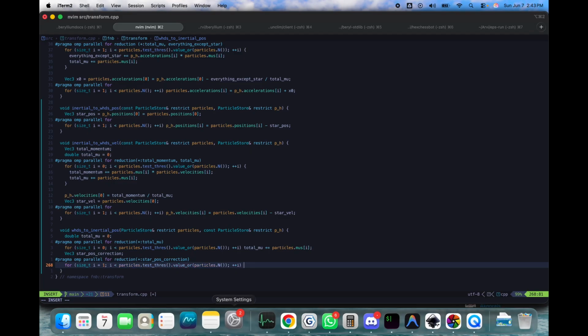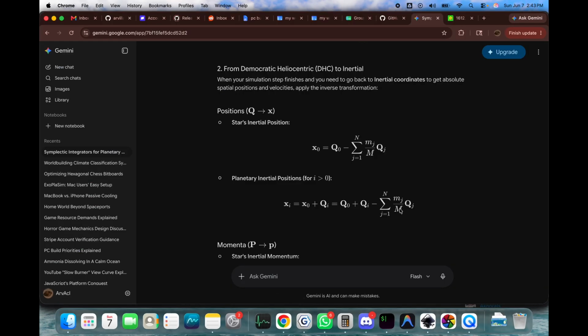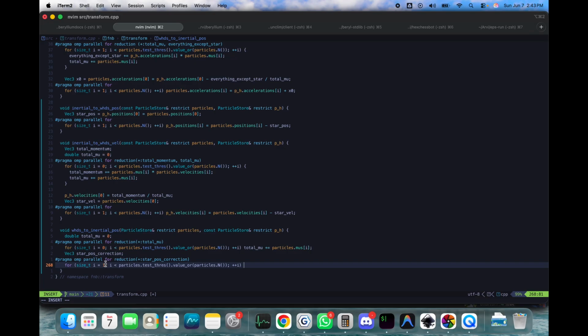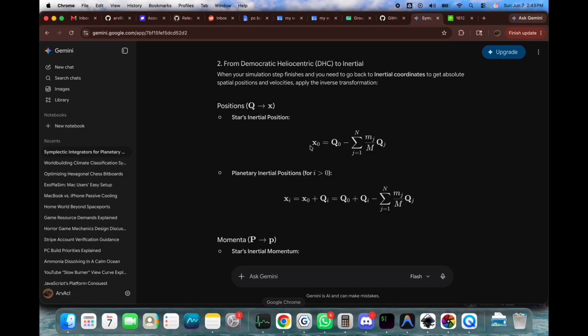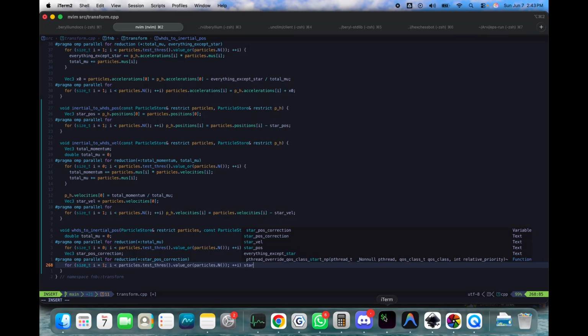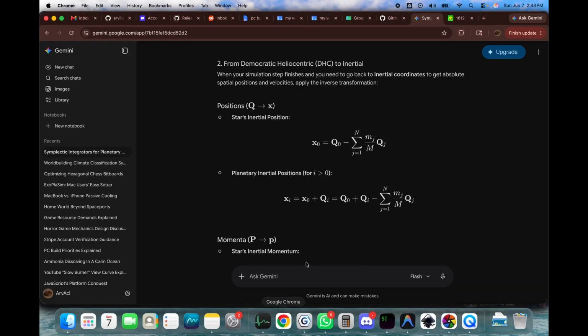And now the formula here is Q0 minus this. This part is not a correction, so ignore that. So we have star pos correction plus equals mj over m.